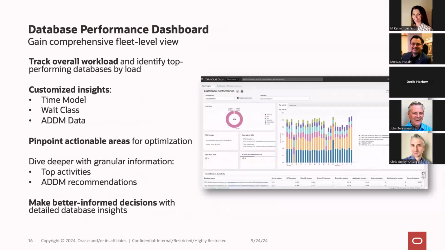In a nutshell, it highlights some of the important insights around time model, wait class, and ADDM data, and provides, as you can see on the left-hand side, some of these insights. It also provides some of the top databases by activity, by different database performance measures, and some of the utilizations around that. The user can also bifurcate top activity data by average active sessions. You can also look at the load tree map of the databases within this application.